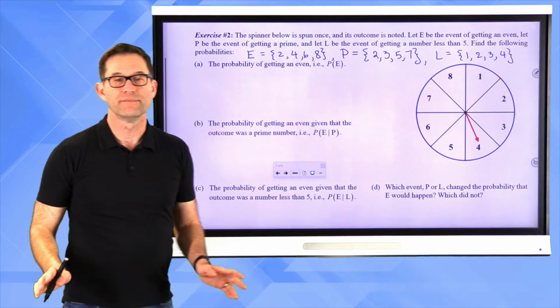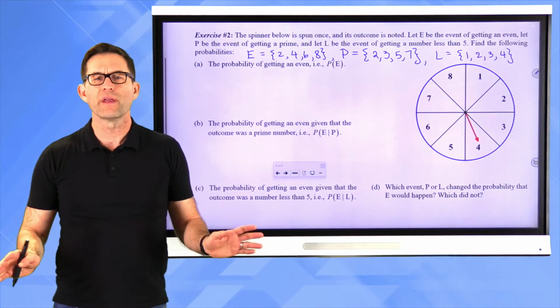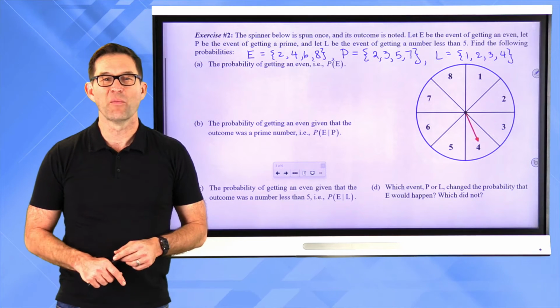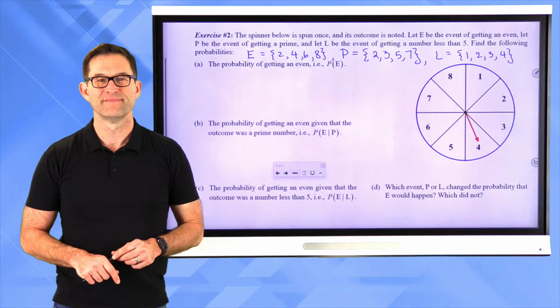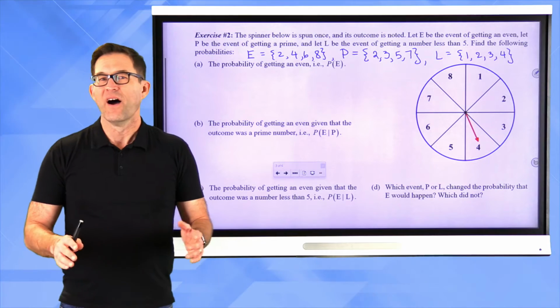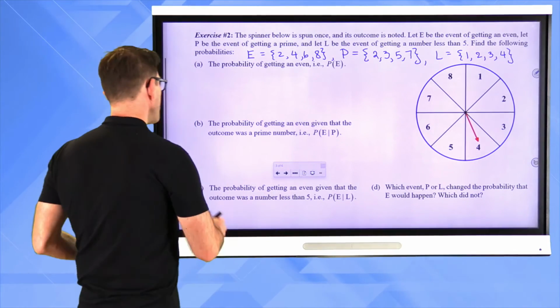First thing first, very easy, letter A. Let's find the probability of getting an even. You shouldn't need any help with this. Why don't you go ahead and do that? Now, I hate to be really formalistic about it, but I'm going to be.